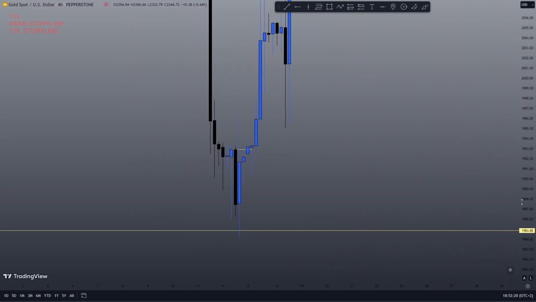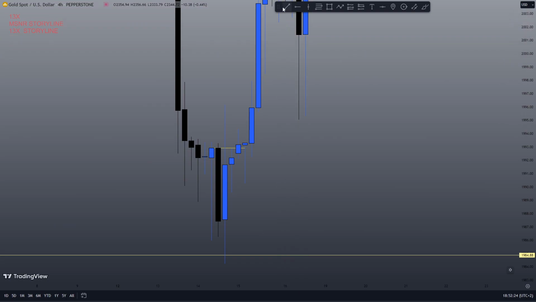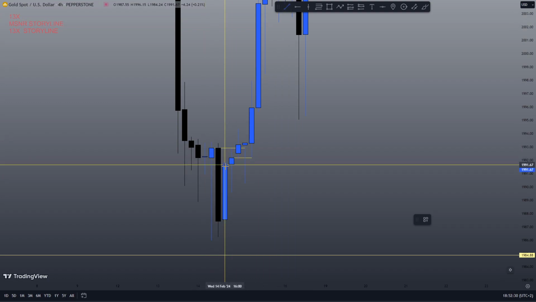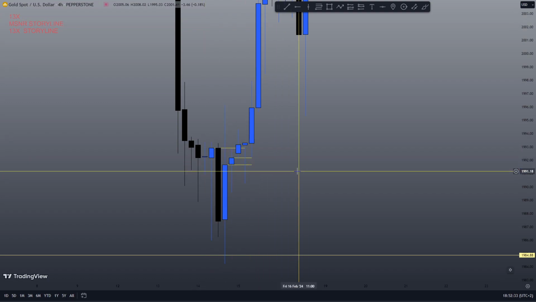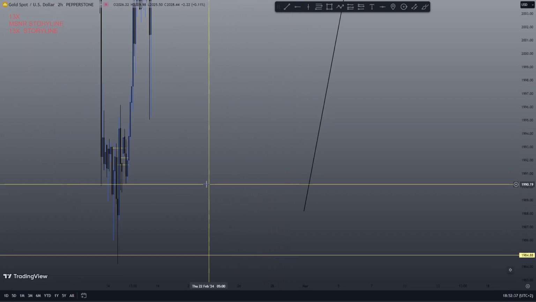So let's go deep. After seeing the breakout, we need to mark our levels. First, we have our H4 gap, our H4 second gap. Let's go to 2 hours and see what we do have.